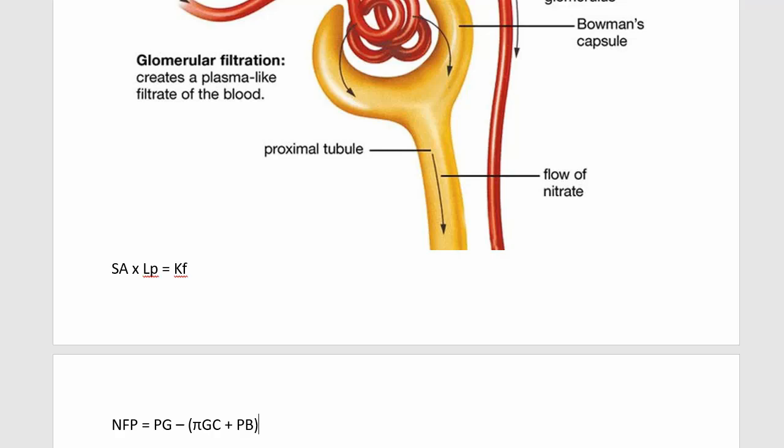And that gives us our equation for net filtration pressure. So these two are separate.